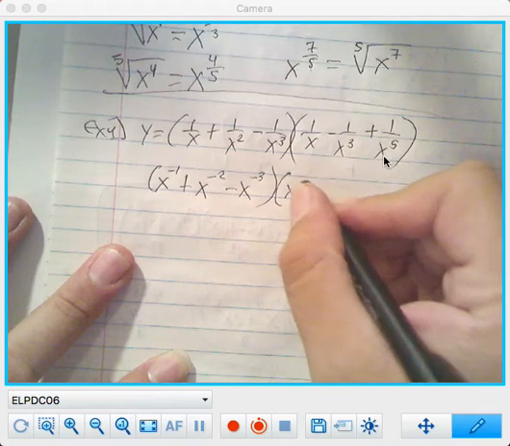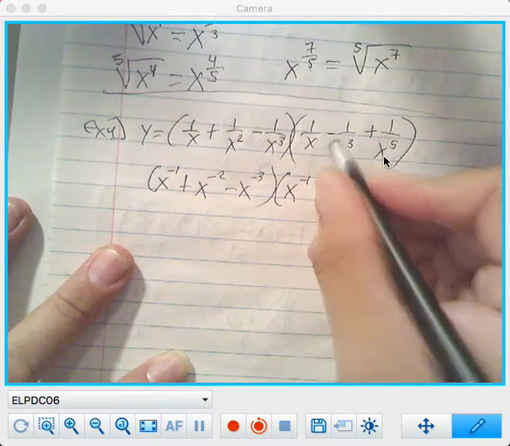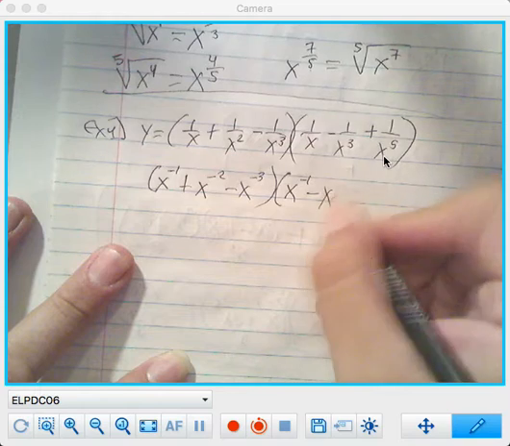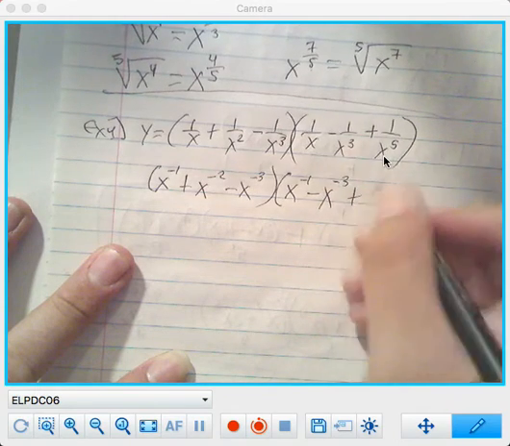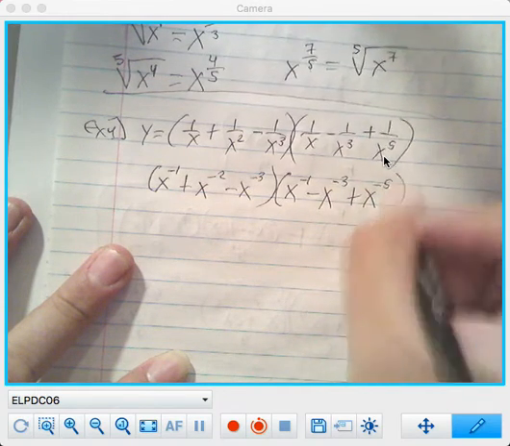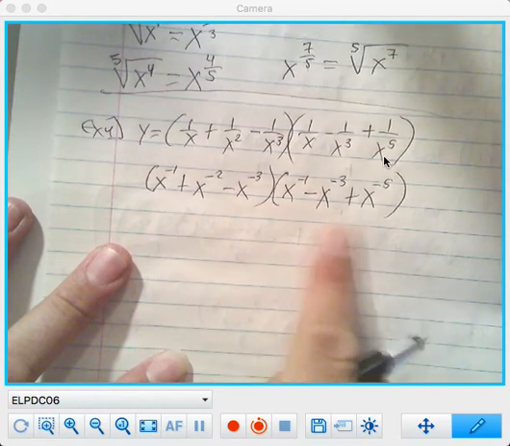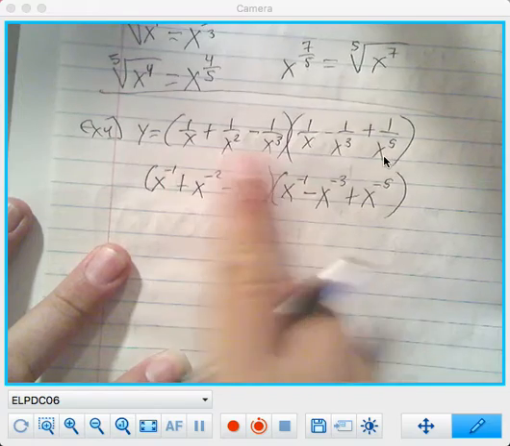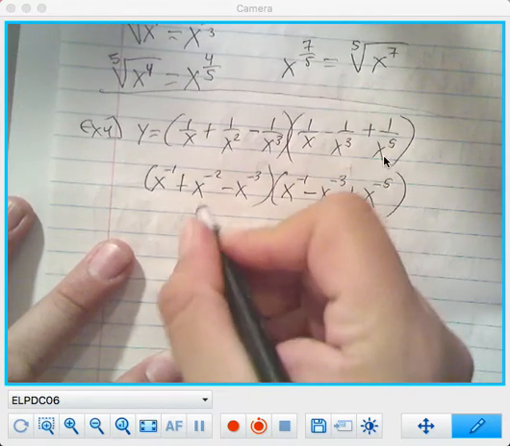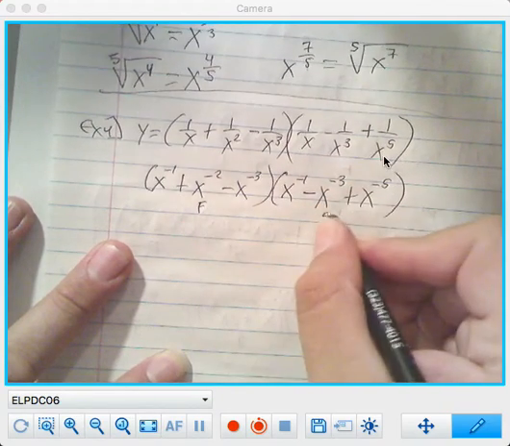So minus 1, I have a minus, minus x to the minus 3 plus x to the minus 5. The reason we bring them to the top is because it's way easier to take the derivative of this than of this. This is going to be our f, this is going to be our g.